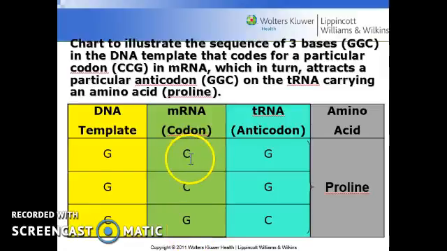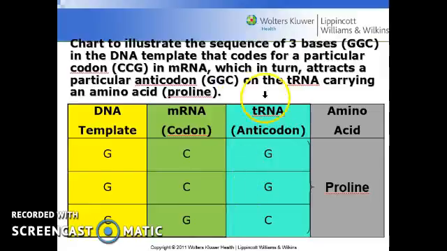Now, because cytosine only pairs with guanine, the codon in the messenger RNA that's being read in the process of translation is going to be paired with an anticodon, and the anticodon is going to be guanine, guanine, cytosine. So see how C is being paired with guanine, again C is being paired with guanine, and then guanine will be paired with cytosine in the anticodon.